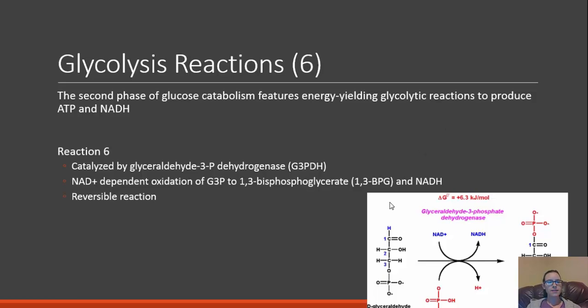We have the conversion of the glyceraldehyde 3P from the previous step to 1,3-bisphosphoglycerate with the enzyme glyceraldehyde 3P dehydrogenase. So we're actually producing NADH at this step.